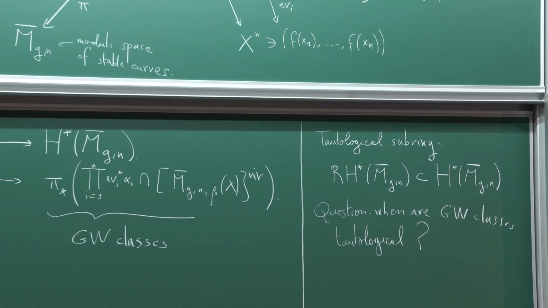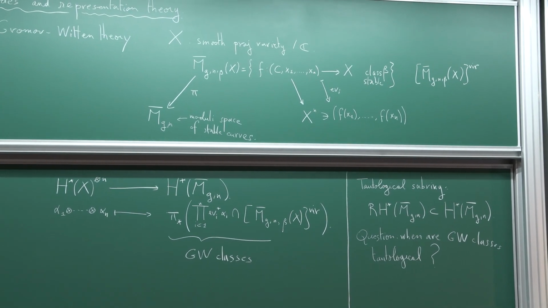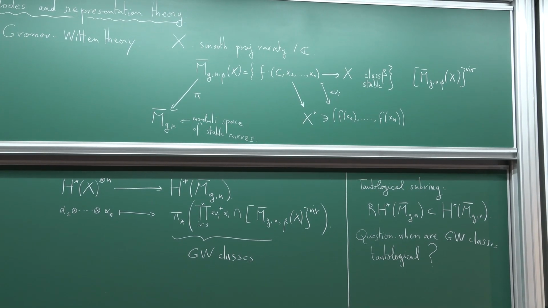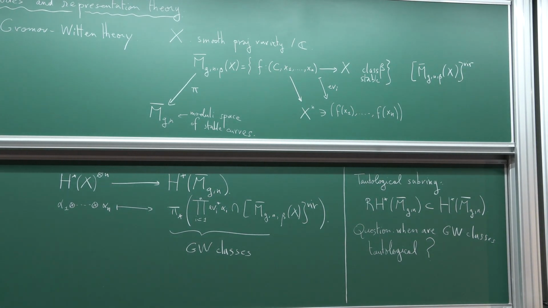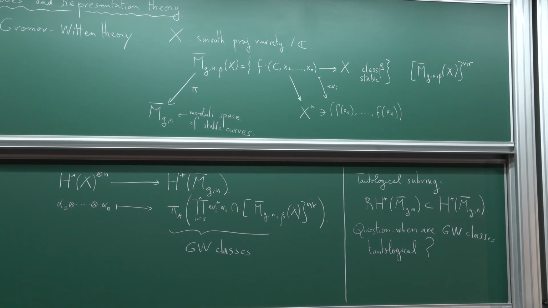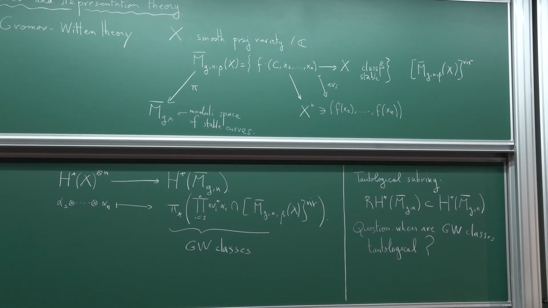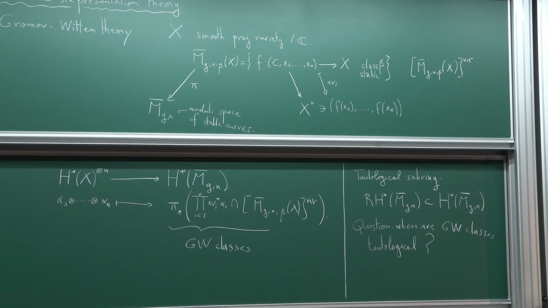And there is some obvious obstruction for that. The obvious obstruction is the fact that these tautological rings, whose definition I did not recall, are made of cohomology classes which are always classes of algebraic cycles.